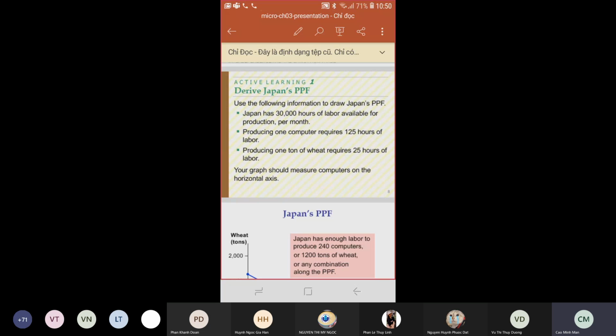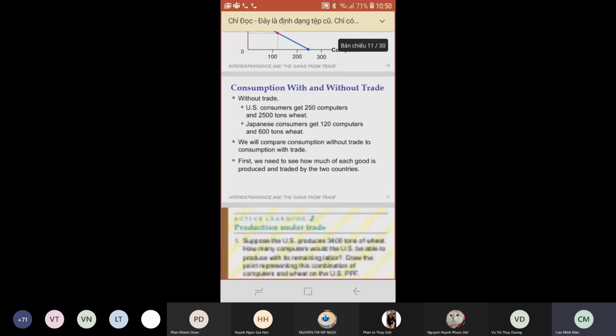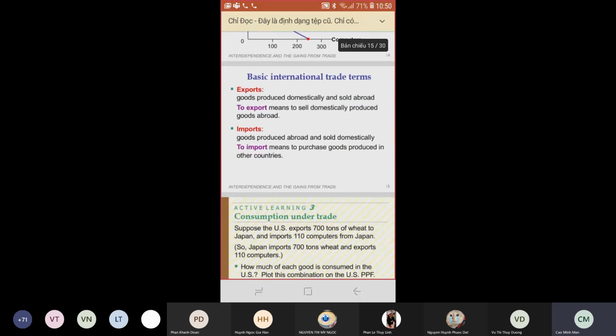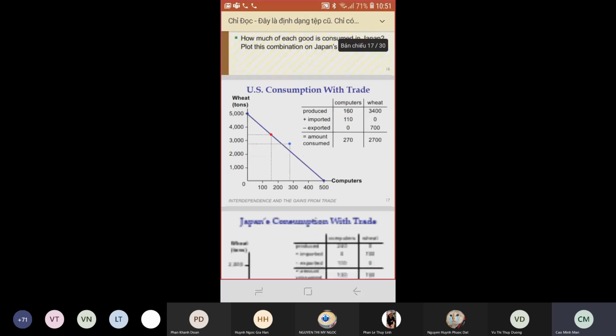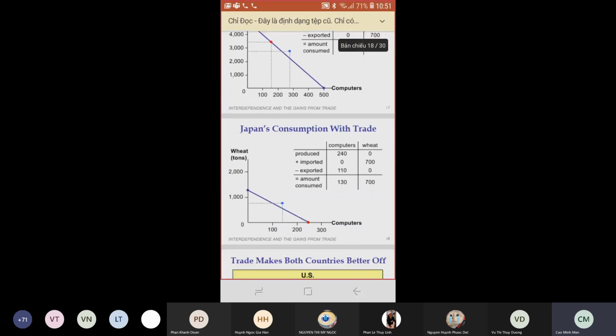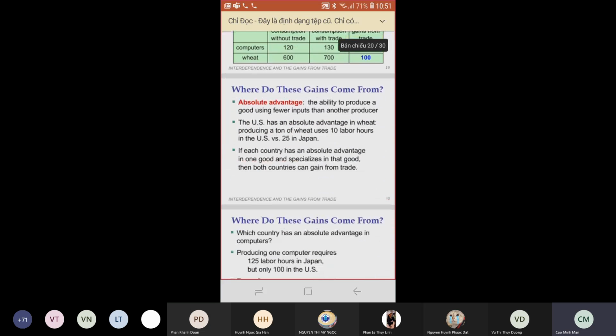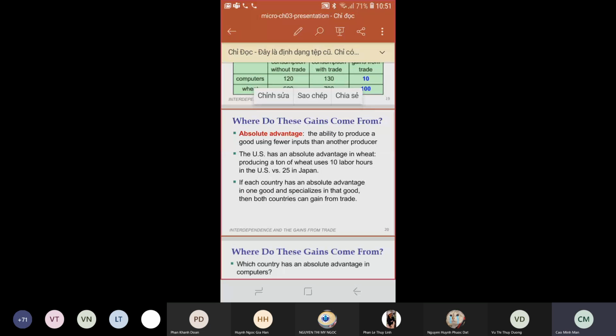Okay, in order to understand the meaning of two concepts, absolute advantage and comparative advantage, and then based on your memory, you can answer my question. Now, absolute advantage.